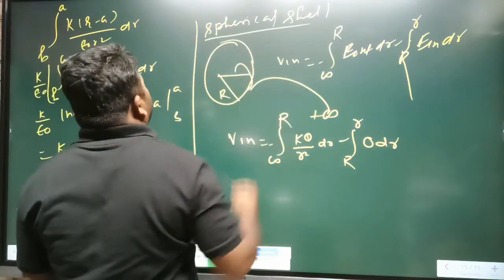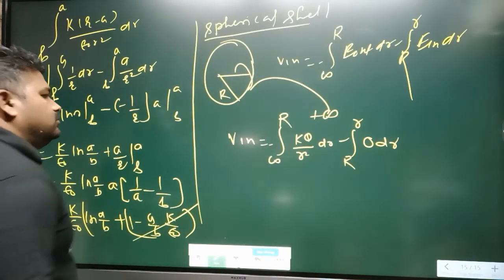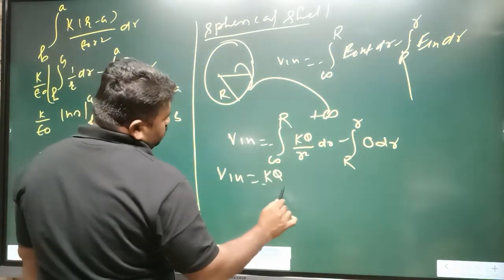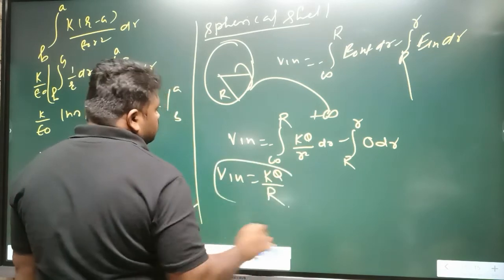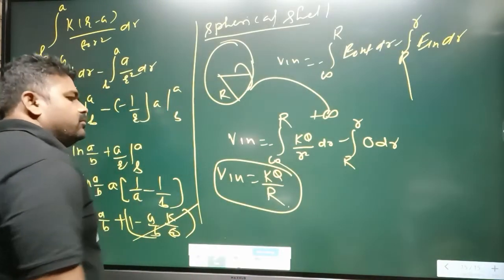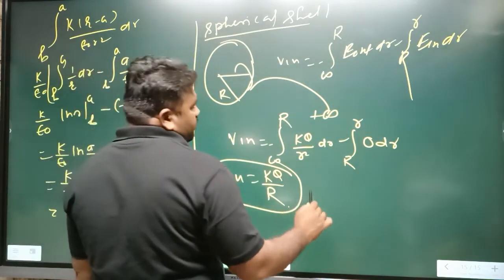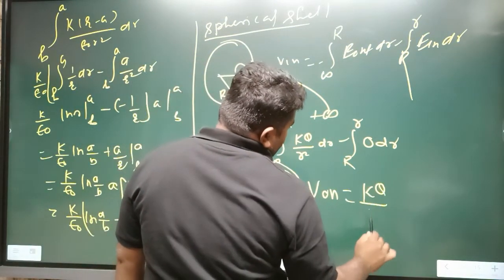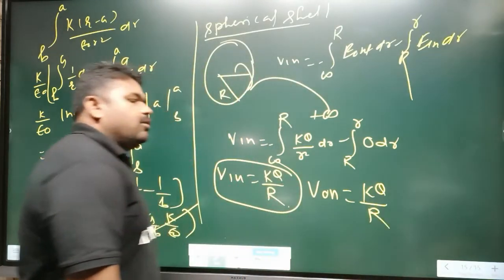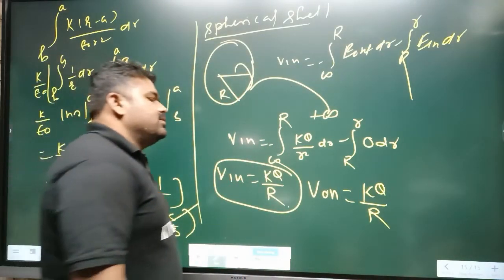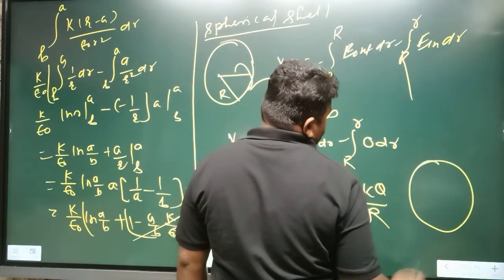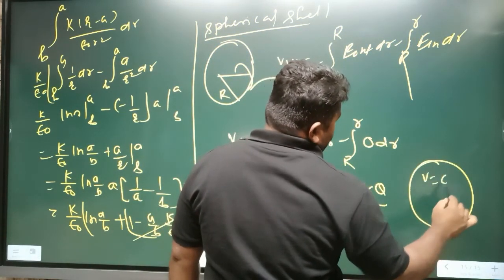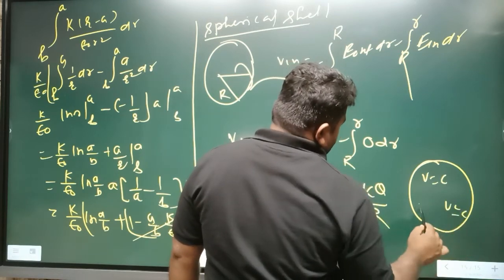System is spherical cell. Spherical inside electric field. Then V in is equal to how much? KQ upon capital R. V on the surface is KQ by capital R, means on the spherical cell, in and on are equal, KQ.